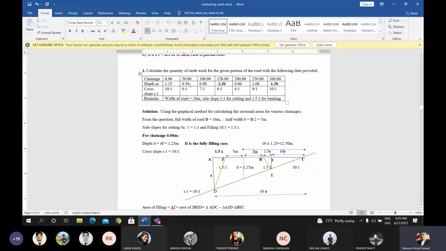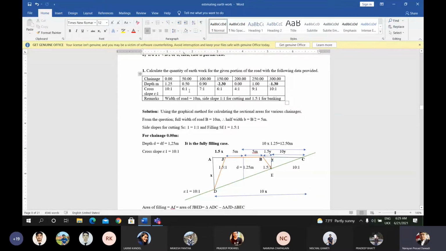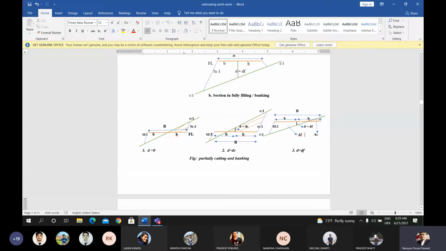So this is the partial case, and I have drawn the partial case here. The R value is 6, and the depth of filling here is 0.50. You have to draw this figure number 3. The depth is given as depth of filling, and R is given as 6:1, with depth of filling as 0.50 meter.